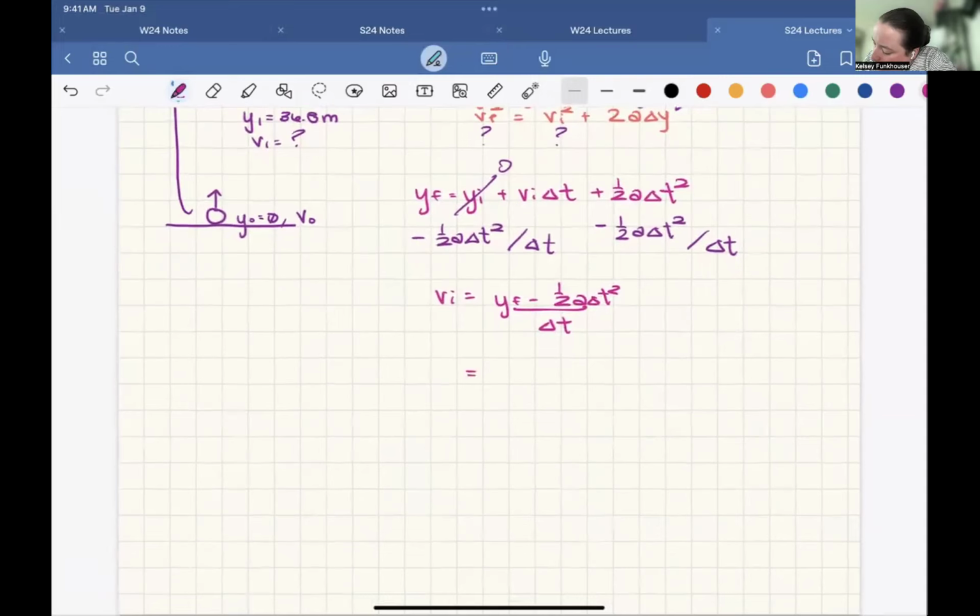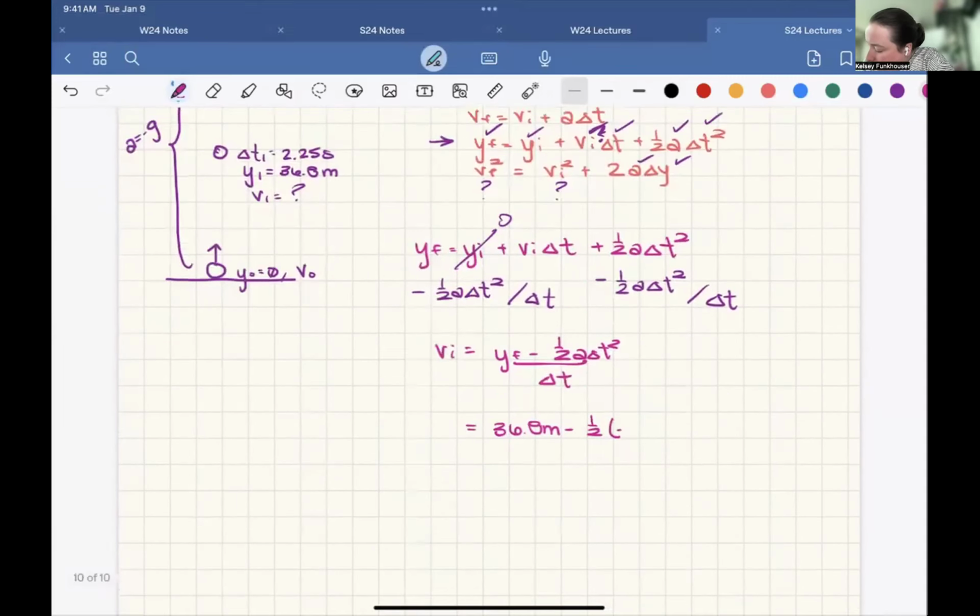So the y position is 36.8 meters minus 1/2 times negative 9.8 meters per second squared, times the time interval 2.25 seconds, oops, not 22.5, 2.25 seconds squared, divided by 2.25 seconds. So this is an initial velocity of 27.4 meters per second.